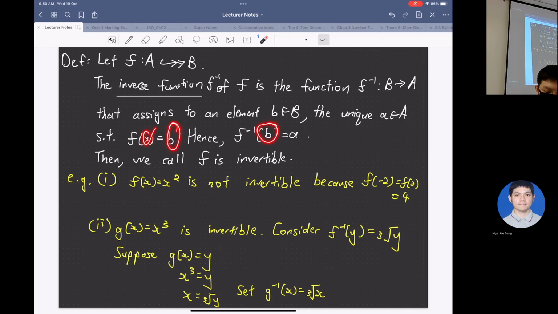I start with the codomain, then I find the pre-image, and then I set the function equal to the pre-image. The x here doesn't matter, even putting z or w also works. But the main thing is to send it back to the pre-image and find the pre-image. That's the key.